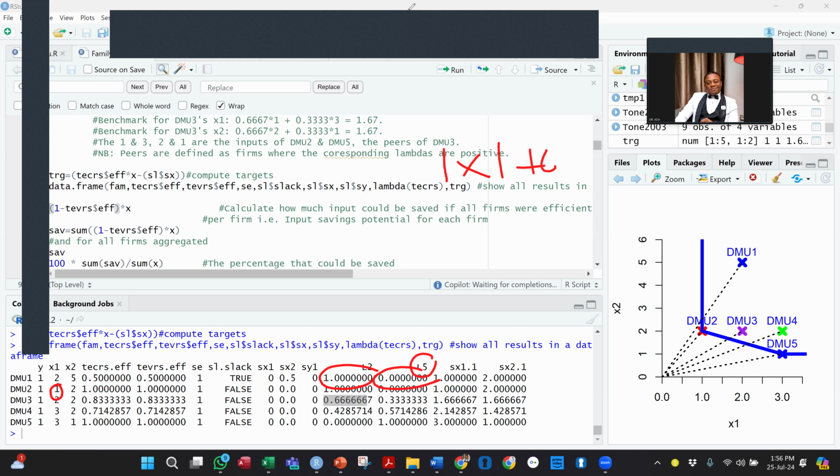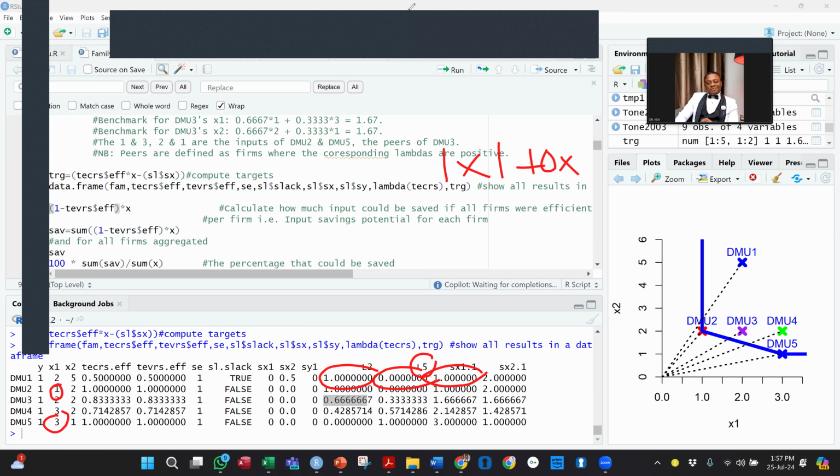You see that is 0 times 3. 0 times 3 is what? So 1 times 1 is what? Plus 0. So the target for DMU1 is supposed to be what? 1. And you want to check here, it's really what? 1.